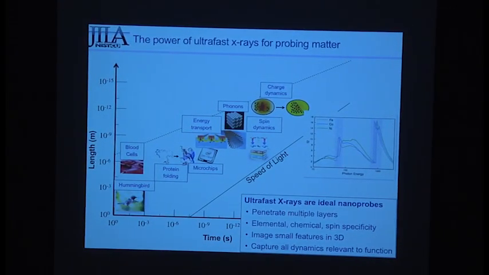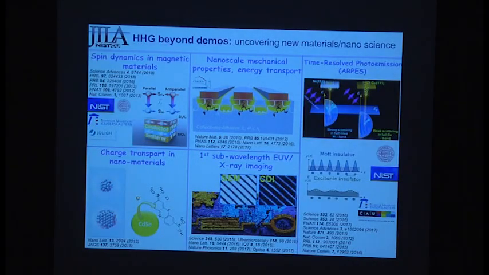We can make a measurement with attosecond precision, and only electron-electron interactions happen on that time scale. So today I'll talk about how we can understand magnetic systems and correlated electron materials using harmonic beams.